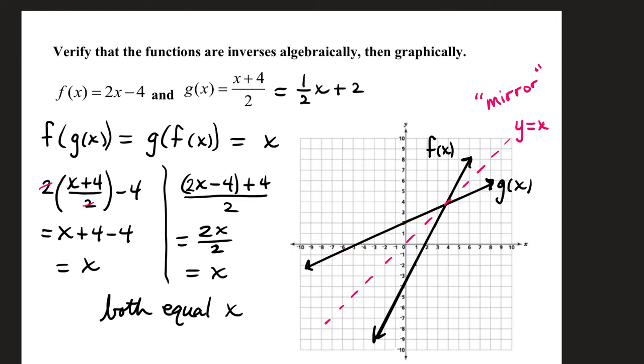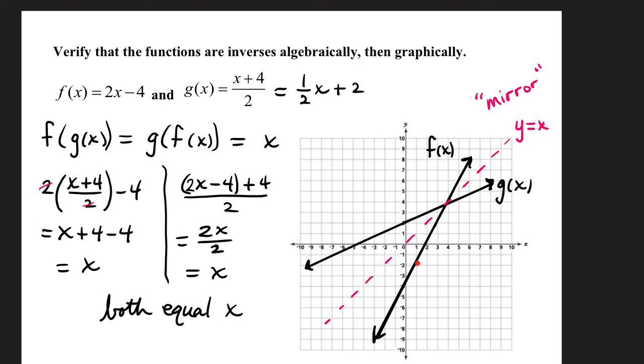It turns out for inverse functions, if I pick a point like, let's go back to function f. I know that (0, -4) is a point on it because that's the y-intercept. If you reverse that point, you get (-4, 0). That's a point on the inverse. Let's take another point, (1, -2), and I can find that because I know the slope is 2. If I go up 2 over 1, I land back on the line.